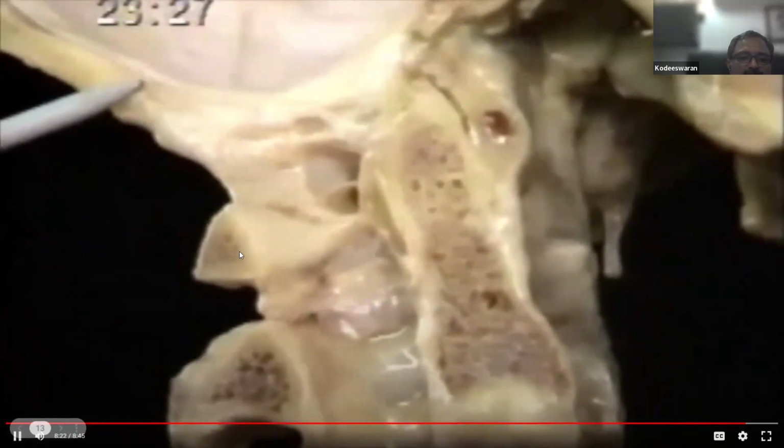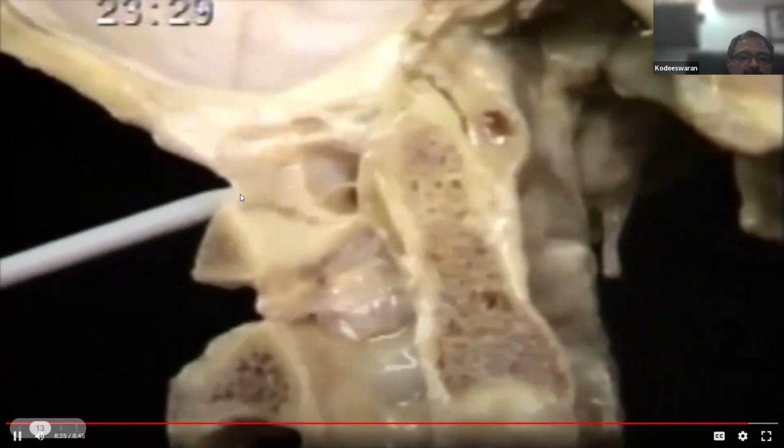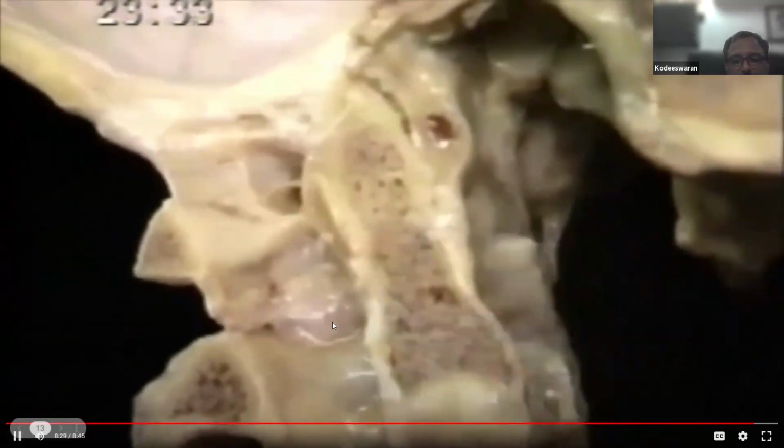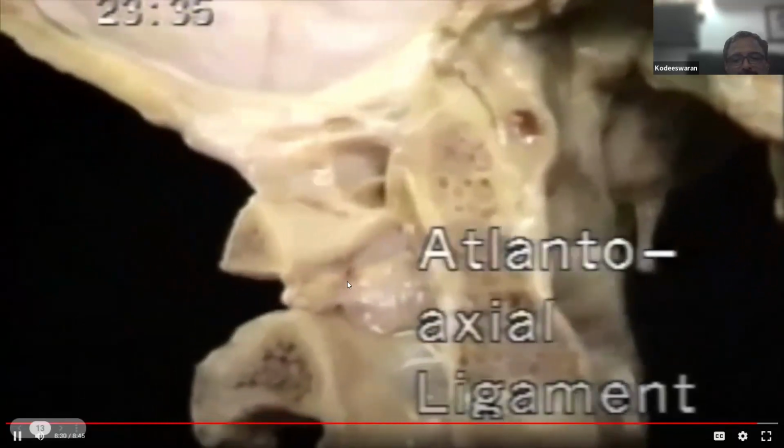This is the posterior arch of C1. This is the occipito-C1 membrane, also called the atlanto-axial ligament. So these are the ligamentous structures which support the CV junction.